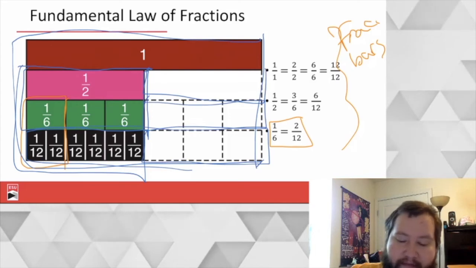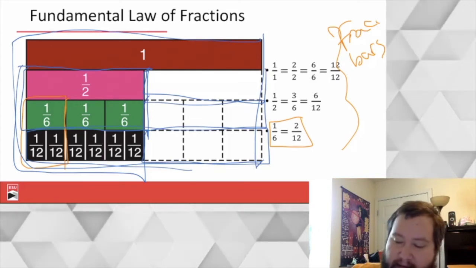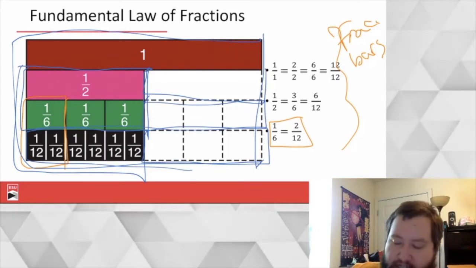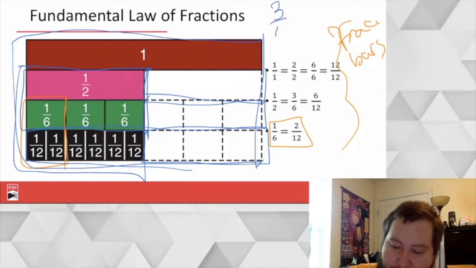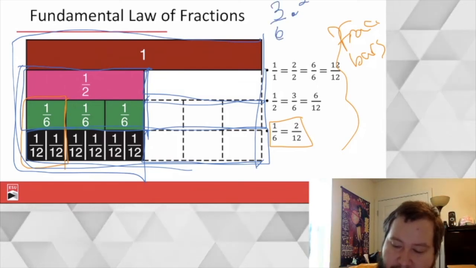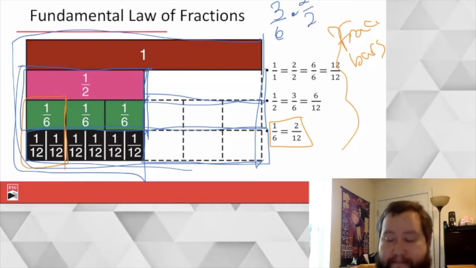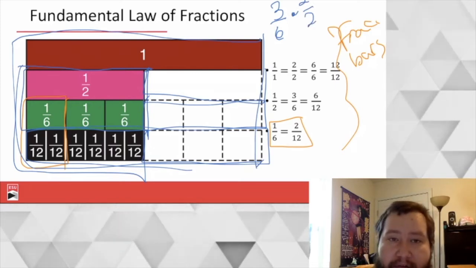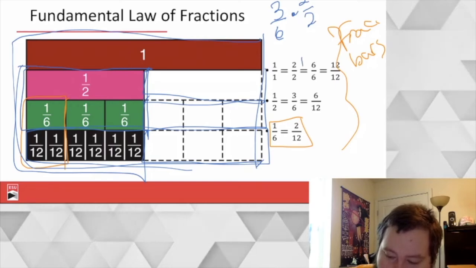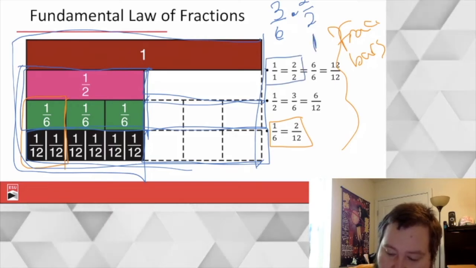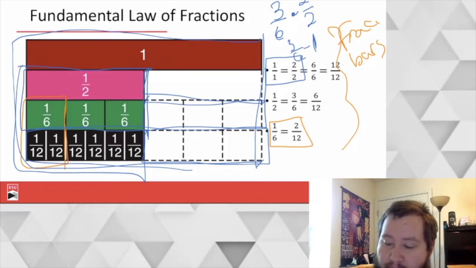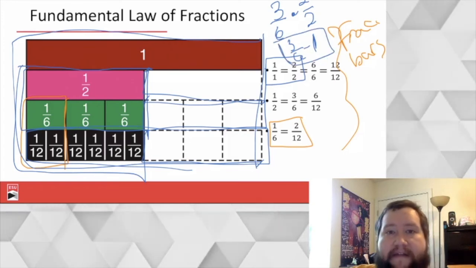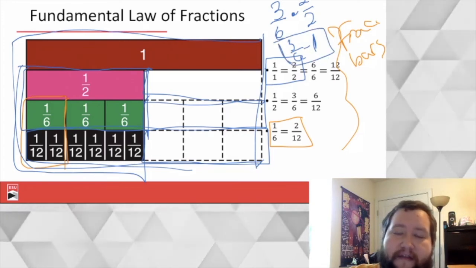So the fundamental law of fractions essentially tells us that if we take a fraction, 3/6, and we multiply the top and the bottom by 2. Because what's 2/2? 2/2 is 1. So 3/6 times 1, does that change it? No, because 1 was our multiplicative identity, thinking back to yesterday's lecture.